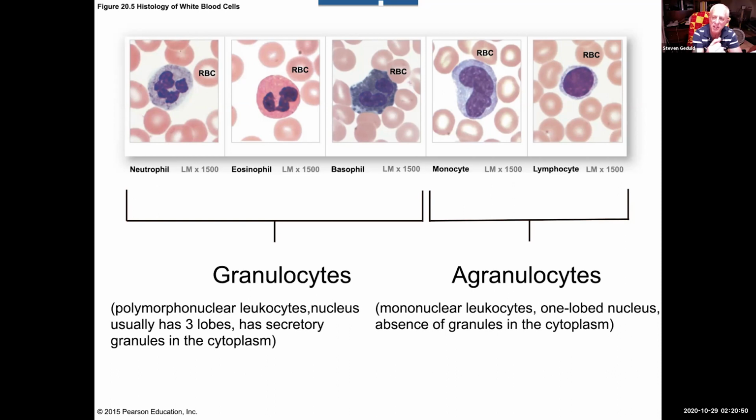Agranulocytes have single-lobed nuclei and they do not have granules in their cell. Your granulocytes are your neutrophils, eosinophils, and basophils. Your agranulocytes are your monocytes and your lymphocytes. And we'll go through each one of these here.